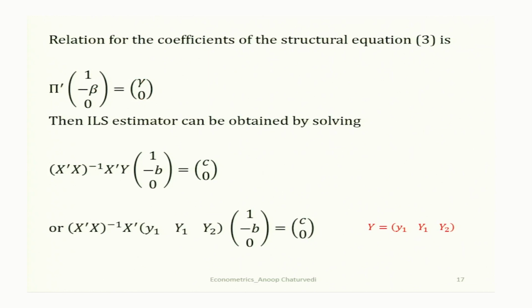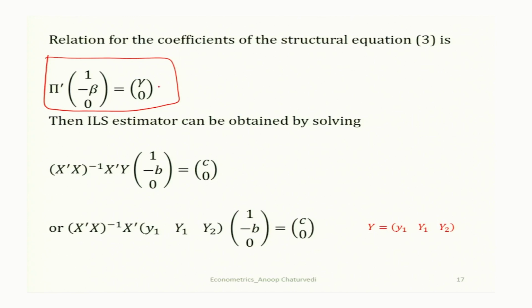So, this is the relation between original structural parameters and reduced form coefficients corresponding to the first equation, the equation in which we are interested.